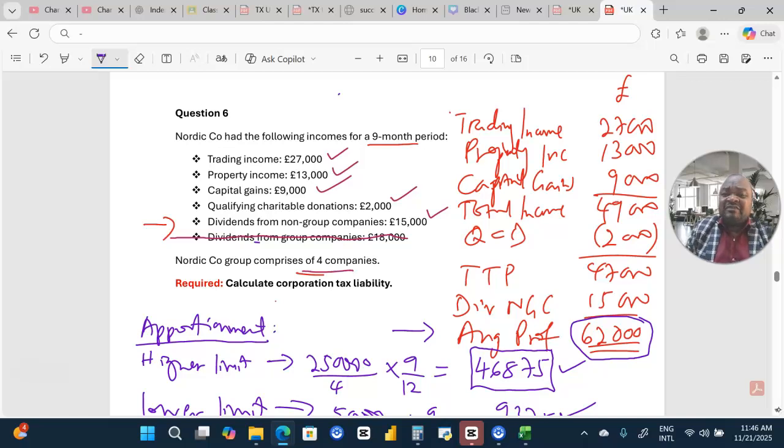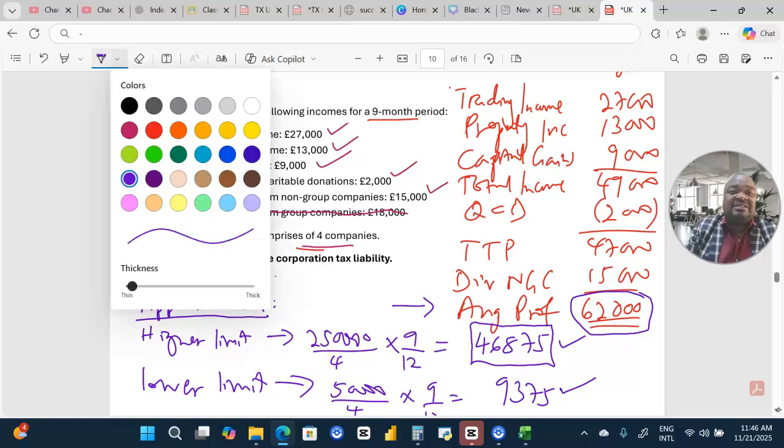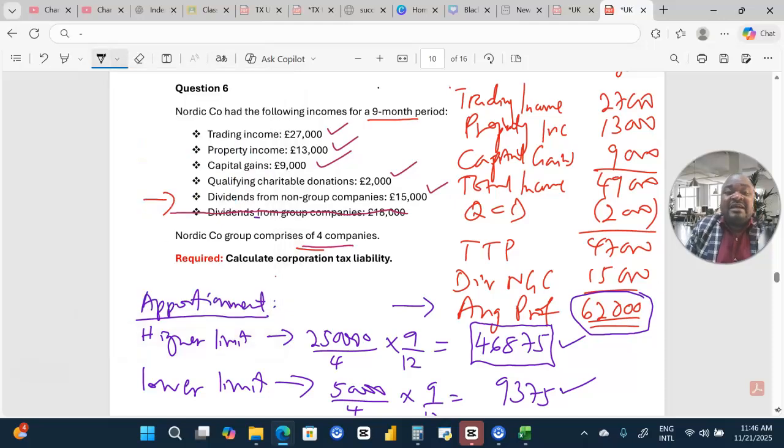So what is the tax liability? Tax liability would be 25% multiplied by the TTP of 47,000.